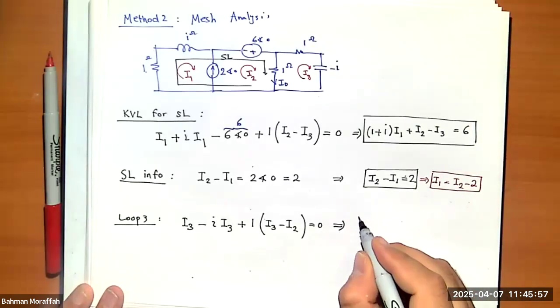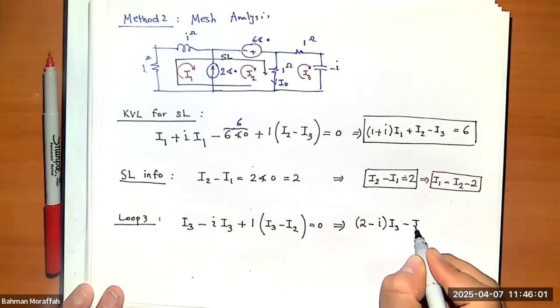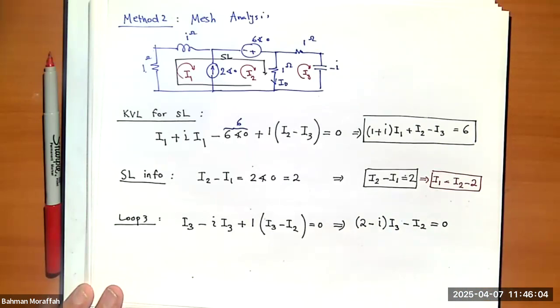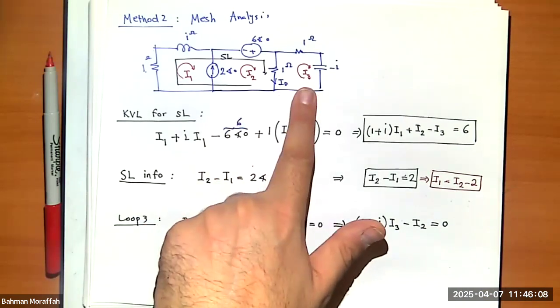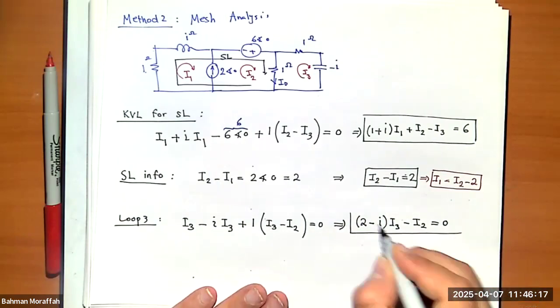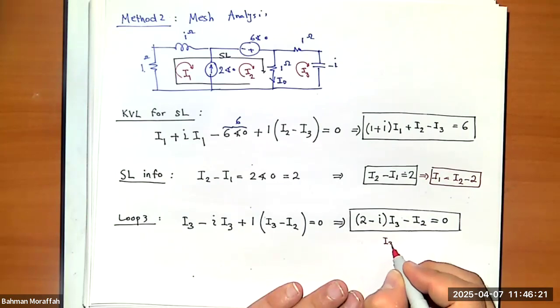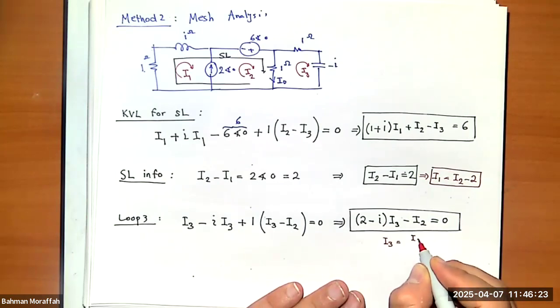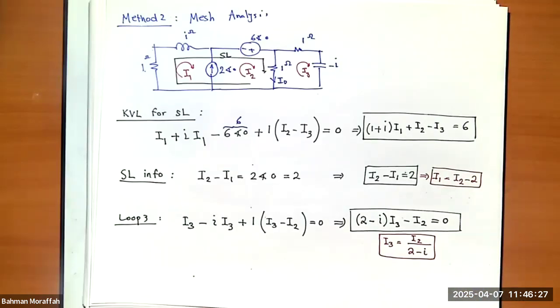If I simplify it, 2 minus I times I3 minus I2 equals 0. Again, remember, to find I naught, I need to know I2 and I3. So I don't really have to solve for I1. So let's write everything in terms of I2. From this equation, I know I3 is I2 divided by 2 minus I.